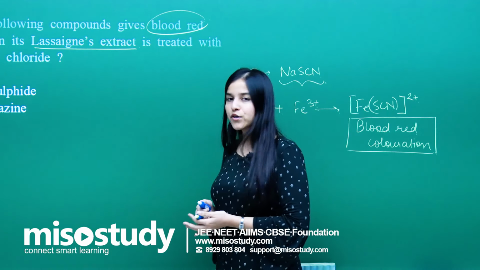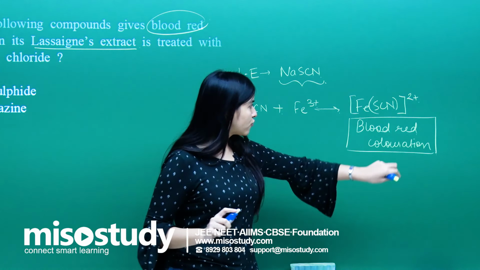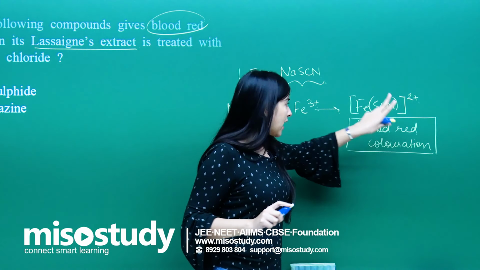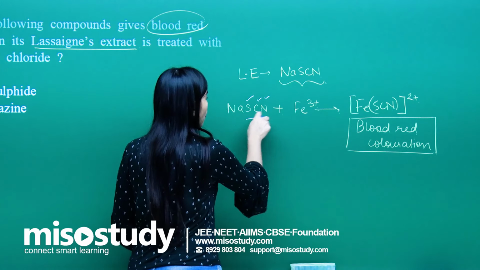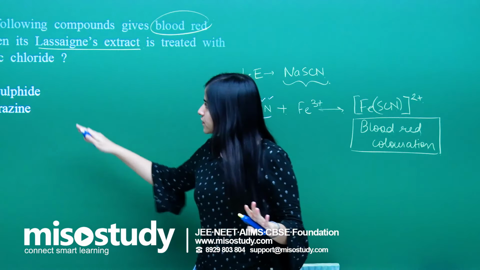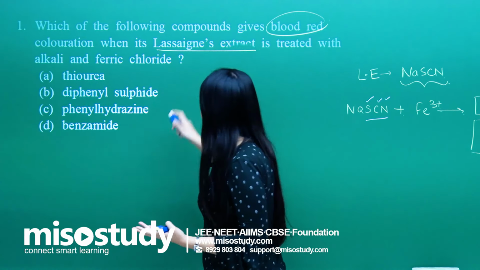So what we need over here, in this particular reaction, is to form SCN, that is thiocyanate, and for this SCN we need to have S, C and N, all the three elements present in the reaction site, right? So out of these four options, what is the answer?